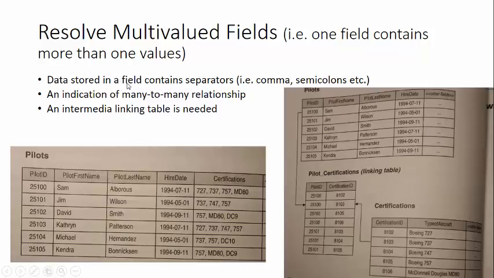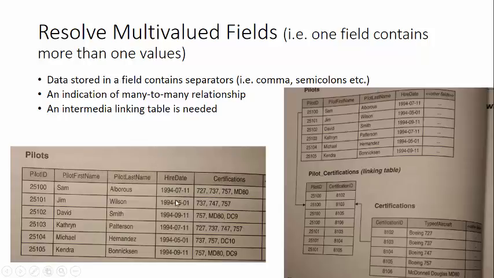Data stored in a field contains separators like comma, semicolon, etc. If it contains those, very likely it has multiple values because that's a separation of multiple values. It is an indication of a many-to-many relationship, and there are better ways than putting everything in a multi-valued field. It is through an intermediate linking table.